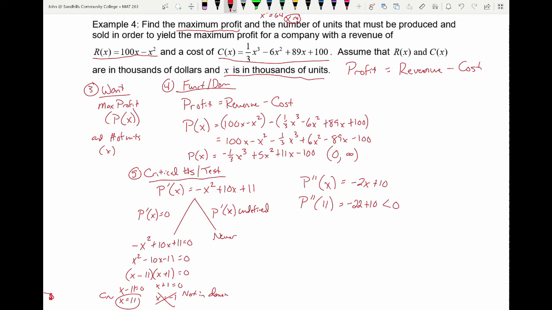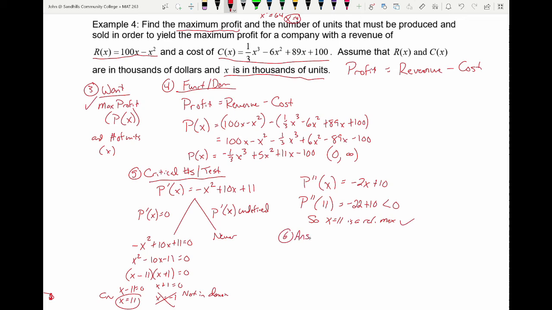That's going to be less than 0 since 22 is larger than 10. And since that second derivative evaluated at our critical number is less than 0, then we know by the second derivative test for relative extrema that x equaling 11 is a relative max. And so we go back and check. We wanted max profit. We have max, so we're good.